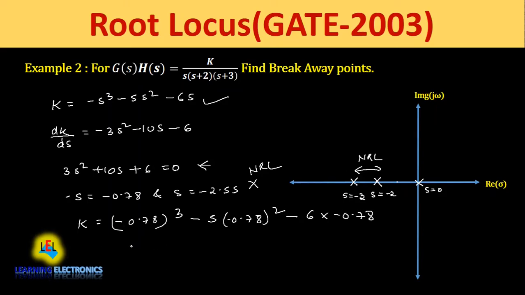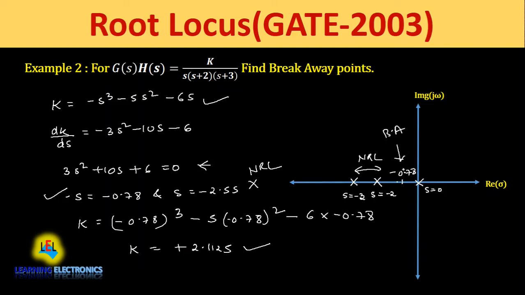When we solve this, we will get K equal to plus 2.1125. So here we are seeing that the value of K is positive. That means s equal to minus 0.78 is a valid breakaway point which exists between the pole at s equal to 0 and the pole at s equal to minus 2. That means somewhere here it will lie.